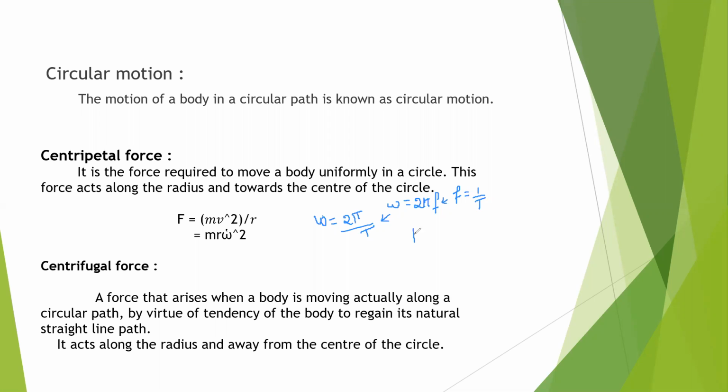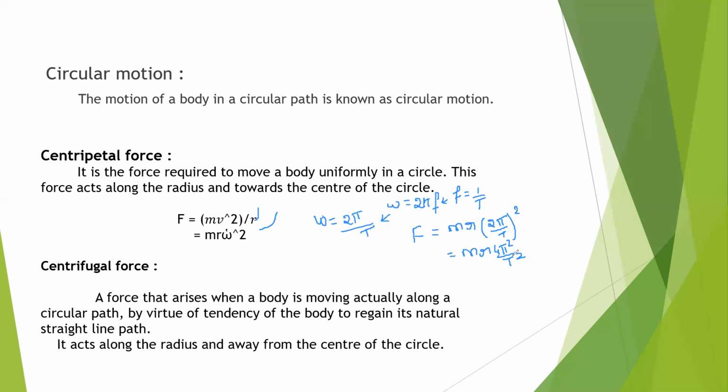Therefore, our expression for centripetal force F has two forms: one in terms of linear velocity and radius, and one in terms of radius and angular velocity. Now in terms of time period, it becomes m into r into omega square, that is 2 pi divided by T whole square. This is equal to m r 4 pi square divided by T square.